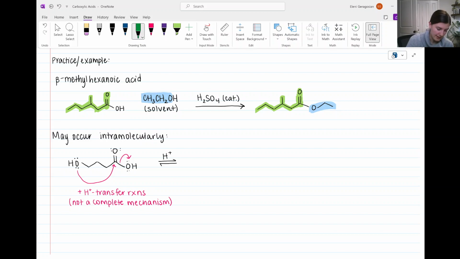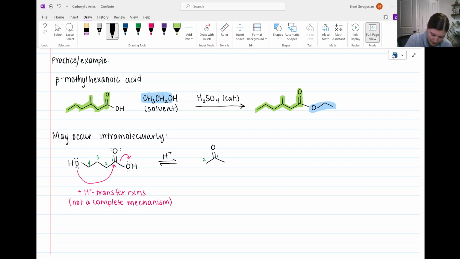before we draw that, let's count our carbons. So the carbonyl carbon will be carbon 1, 2, 3, and 4. In our product, we have our carbonyl carbon, that's carbon 1. Now carbon 2 is here.